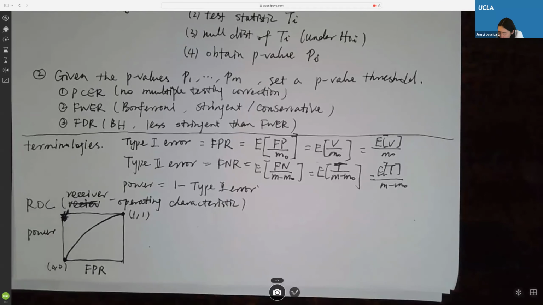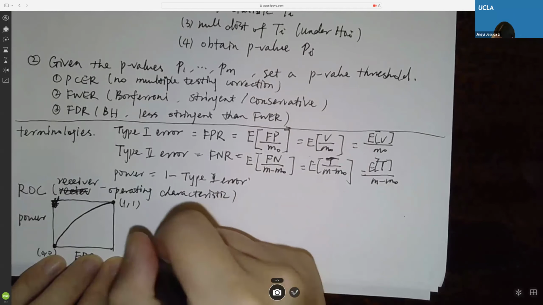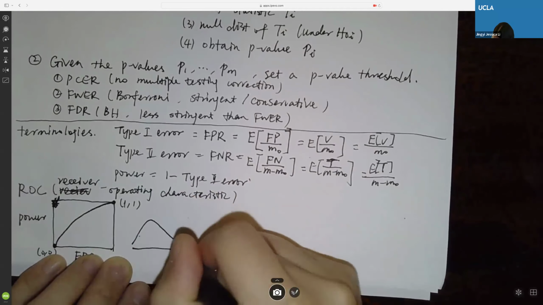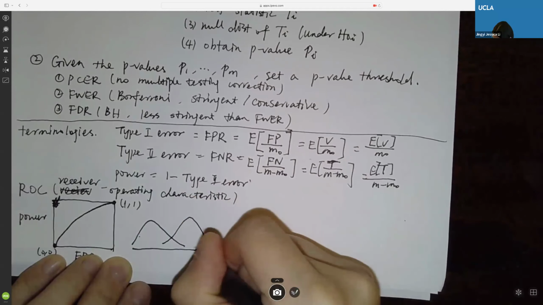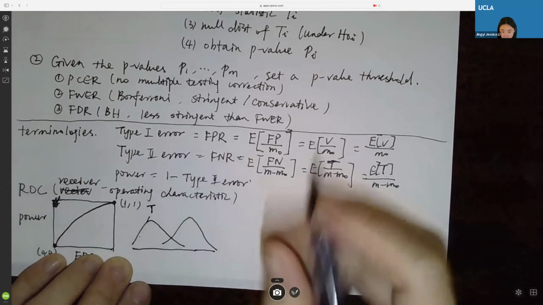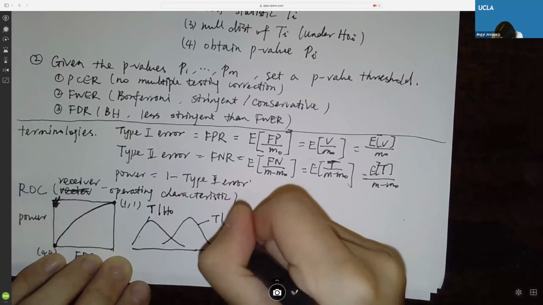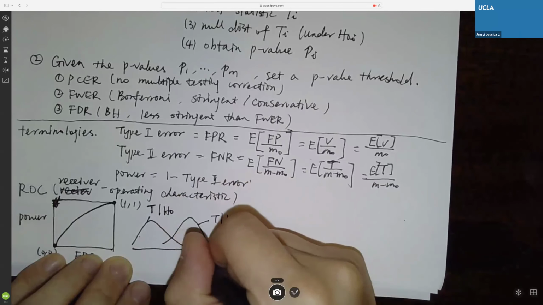One idea to think about this is your test statistic distribution. Okay, let me just draw this. This one is the distribution of T under the null, and this is the test statistic distribution under the alternative.